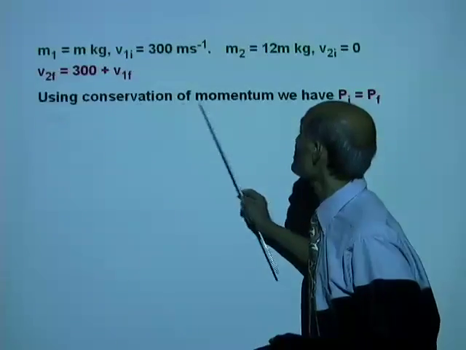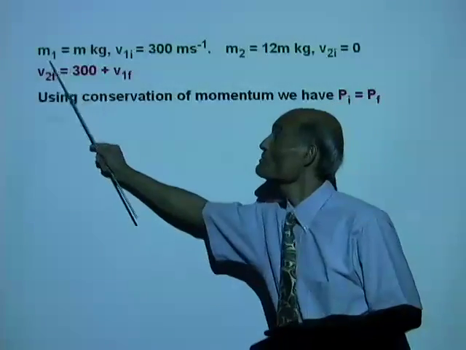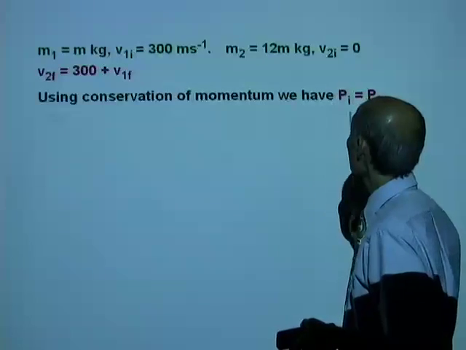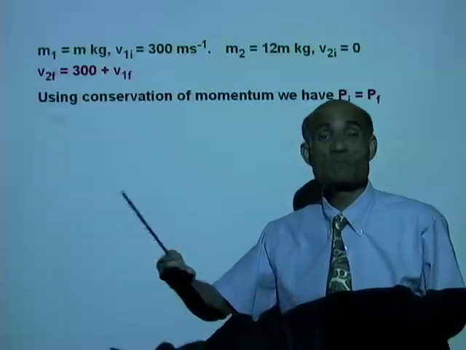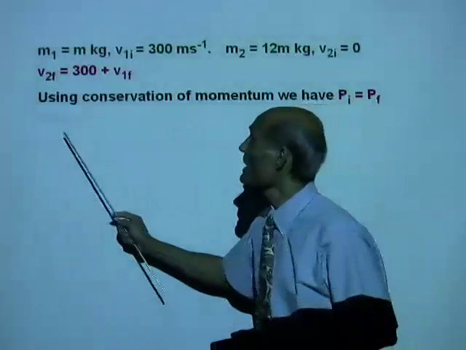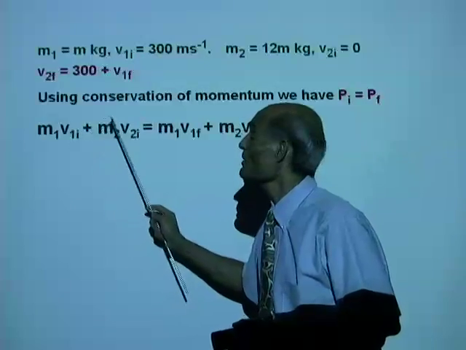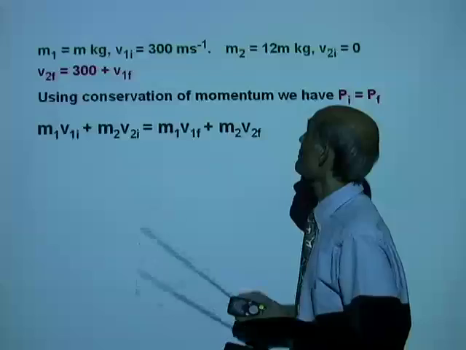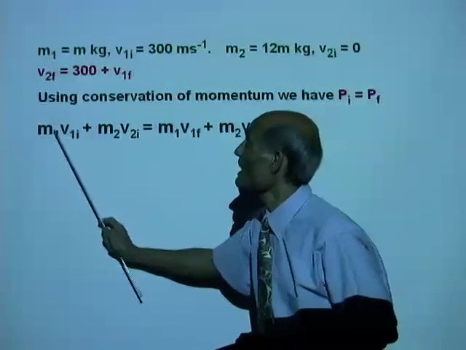Now, using the conservation of momentum, we need one more equation to solve it because we don't know V2F. Initial momentum equal to final momentum. And what's the equation there? M1 V1I plus M2 V2I equal to M1 V1F plus M2 V2F. Let's use all the given values.